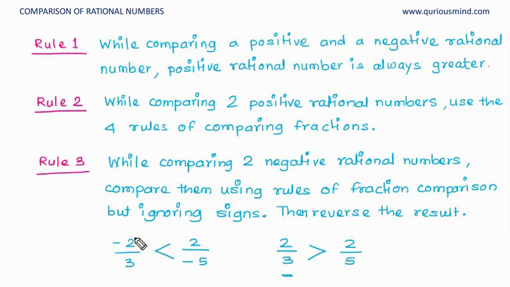But in my rational numbers, I have to reverse the result. So this greater than sign here reversed, became the less than sign. And minus 2 upon 3 is less than 2 upon minus 5. So what we are doing here is we are in fact combining the rules of integers and fractions together and using them for rational numbers.